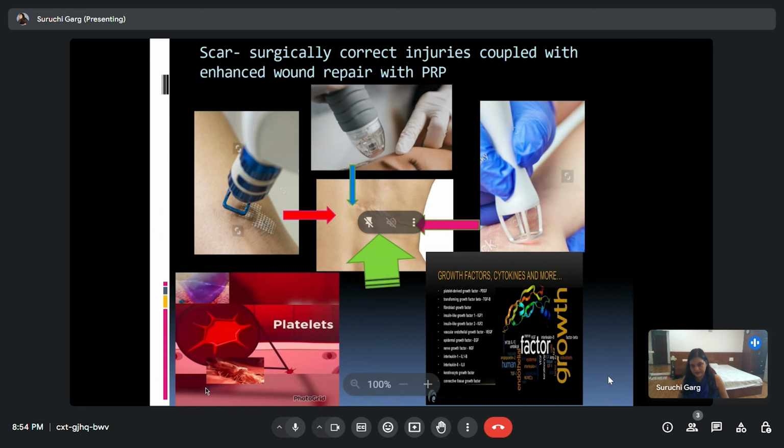And then we have the platelets, where we can take a very high concentration of platelets, and once they see the tiny bleeding vessels, they start getting activated, releasing their growth factors, which are platelet derived growth factor, transforming growth factor, IGF, VEGF, EGF, and so many others, which start working on the healing process of the scar and enhance the overall healing of the scar. So that is the basic principle of using PRP.